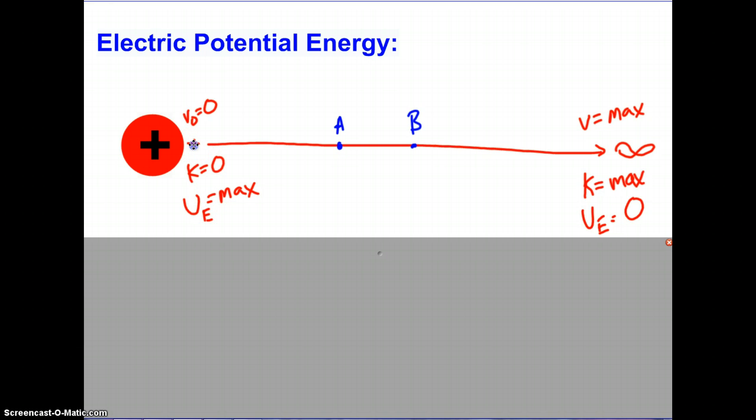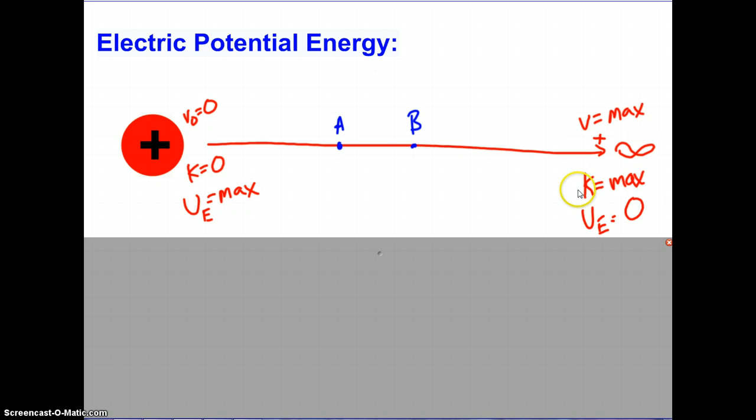So this test charge starts out at zero velocity and obviously is repelled away, in which case it will start off slowly and then speed up until it reaches infinity, at which point this test charge would be going its maximum possible velocity.